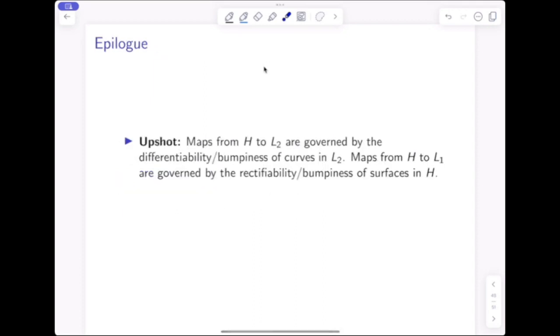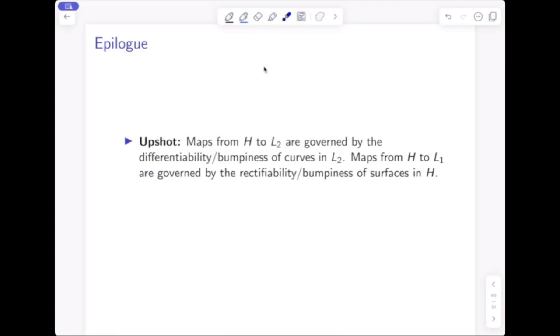The basic reason behind a lot of this, the upshot of this whole talk, is that maps from the Heisenberg group to Hilbert space, to L2, are governed by differentiability, or by how bumpy curves in L2 can be, and they're governed by the Pythagorean theorem.